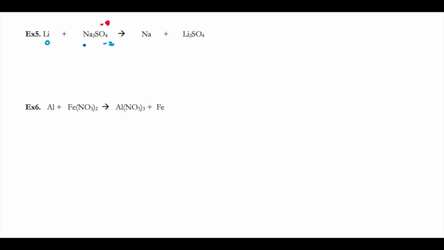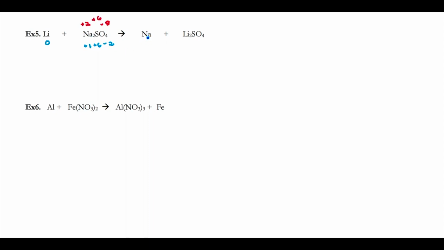Sodium is +1, but because I've got 2 of them, it's going to be +2. Na2SO4 has no overall charge, so what does the oxidation number of sulfur have to be in order for all of these to add up to 0? +6. So sulfur here has a +6 oxidation number.